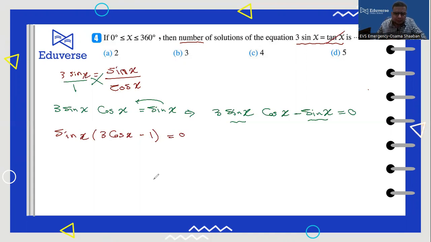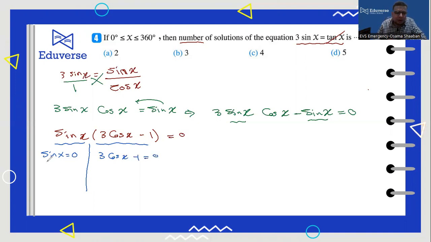Then here you have a multiplication between sine x and this bracket, so you can say sine x equals 0, or 3 cosine x minus 1 equals 0.